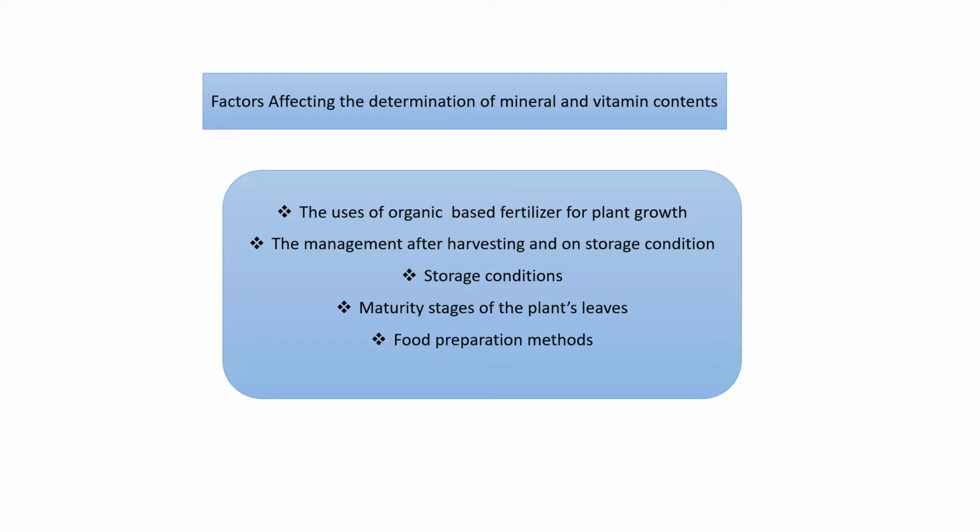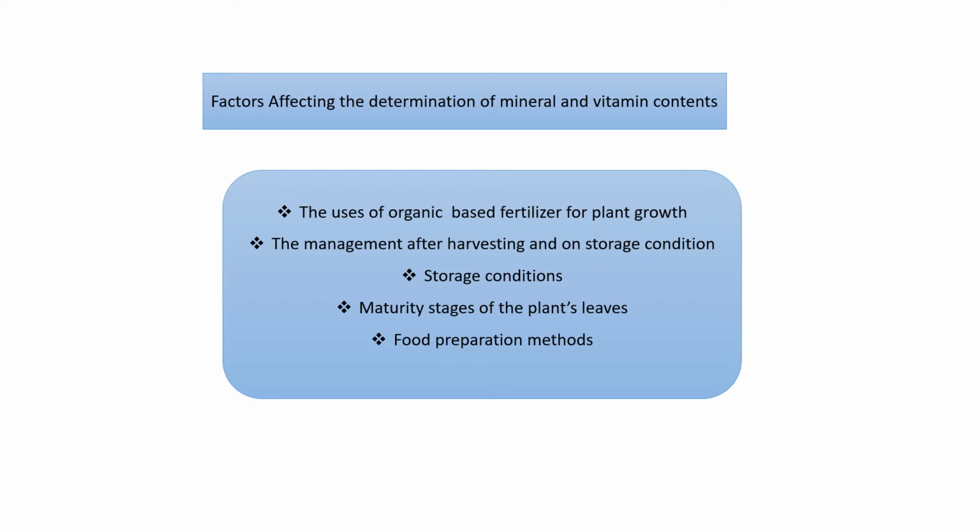There are some factors that might affect the result. First is the use of organic-based fertilizers for plant growth. It was said that organic-based fertilizers could increase calcium, vitamin C, and nitrogen content in plants. But the excess use of fertilizers could give a negative effect toward the plant.